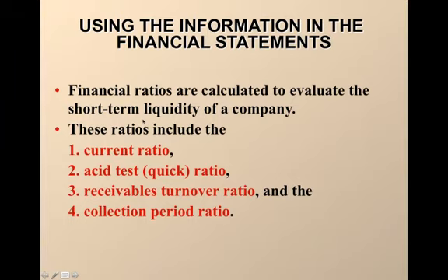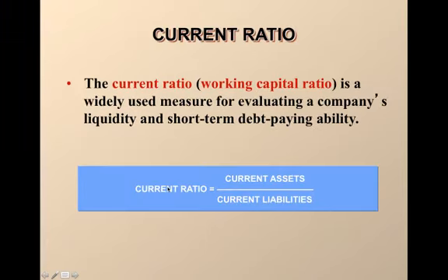You also recognize the term liquidity as meaning how quickly you can convert your assets to cash. So we're going to look at the current ratio, the acid test ratio, the receivables turnover ratio, and the collection period. These last two are related to each other, just like the inventory turnover and the days sales in inventory. So let's look at the current ratio first.